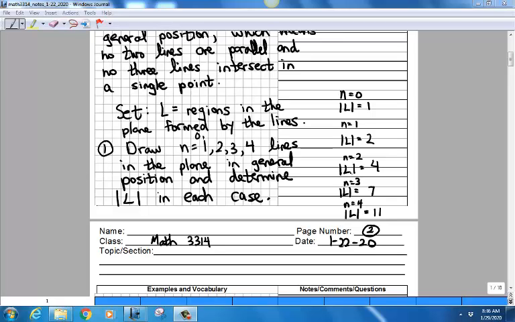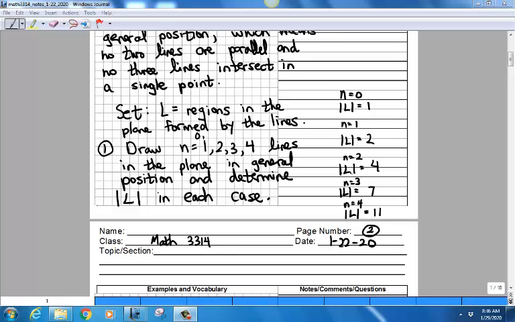But usually it means they're drawn in the most simplified way, the way that makes the problem easiest. In this case, general position means that the lines are not parallel to one another, and not more than two intersect in a single point. If they're not parallel, they have to intersect, but you don't have more than two lines intersecting in the same point. That makes the problem easier to analyze.